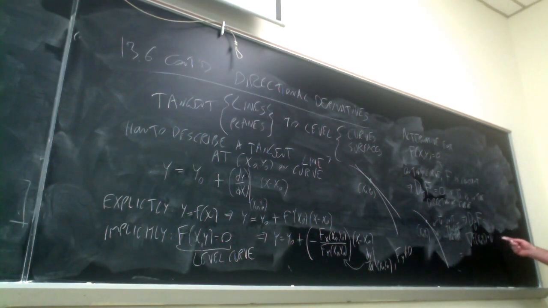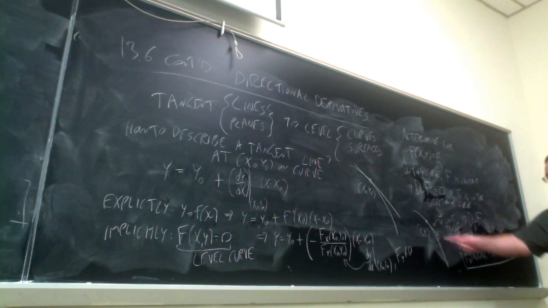Gradient dot product with u is going to be partial with respect to x times u1, like the first component of u, plus partial with respect to y at this point, times u2, the second component of u, has to be 0. So this equation describes my tangent vector, this vector u that I'm seeking.